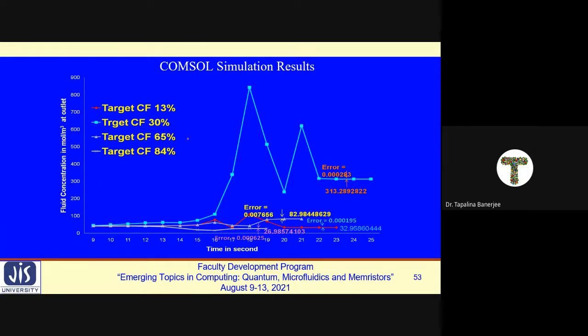You can notice that for the target CF 313, we have received this as our result, so the error is only this much. To get such a small amount of error in CFMB is really challenging, and we were able to do it.